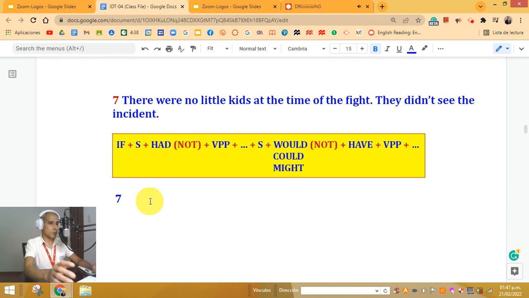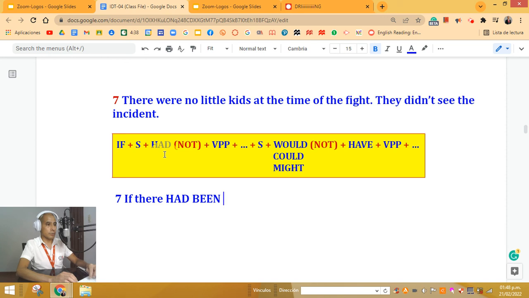What do we have to do first? Do you remember? Yeah, that's right. We put first the conditional if, then we put the subject there. Okay, is this affirmative or negative? It's negative because it says no. So if there, I have to copy the verb, remember? Had, in this case, is the verb where the past participle is been.